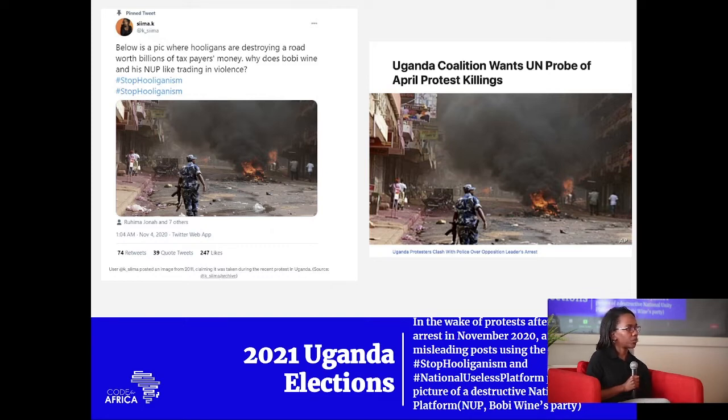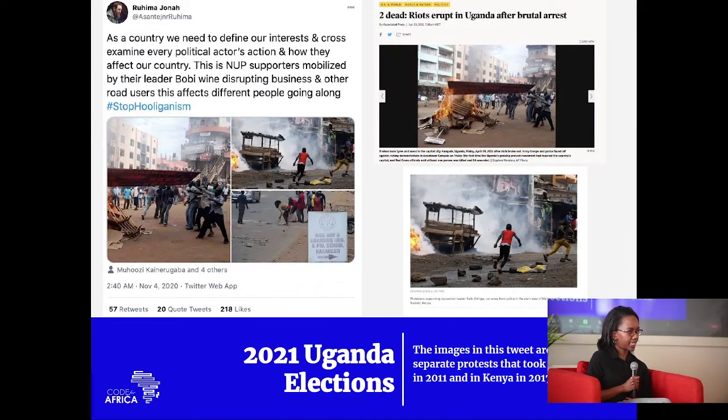And again, what we were saying, these online acts may look small, but they can trigger somebody to do something very, very bad offline. Again, there were protests that were ongoing. Now imagine people seeing this and getting triggered to commit more heinous acts offline. Yet more examples here. So another tweet with 3 images that were allegedly from destruction that had been occasioned by the NUP.